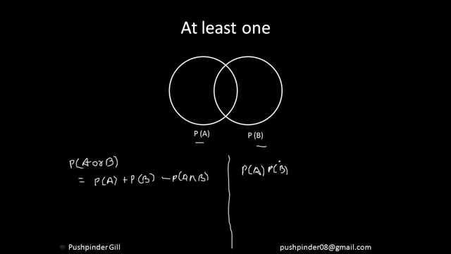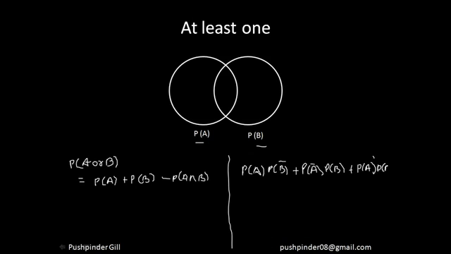This is one scenario. Or A cannot happen and B can happen, or there is one last scenario that both of them together can happen.